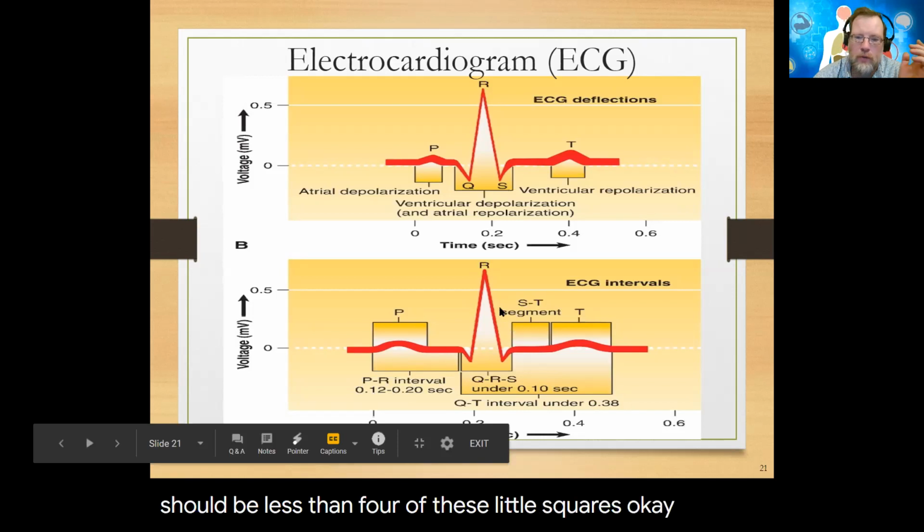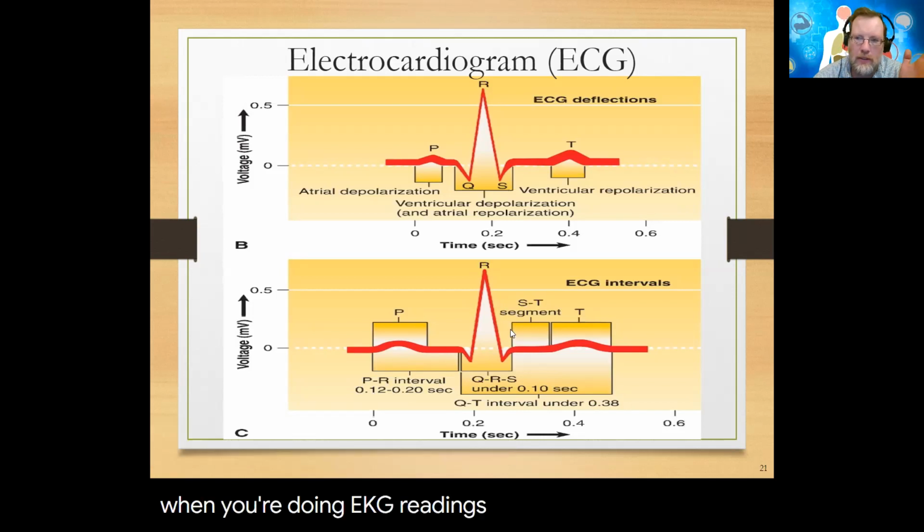Okay, so when you're doing EKG readings, you're looking at the squares. On the graph paper, we can look at intervals, we can look at amplitude or height. We can certainly look at the segments in between.